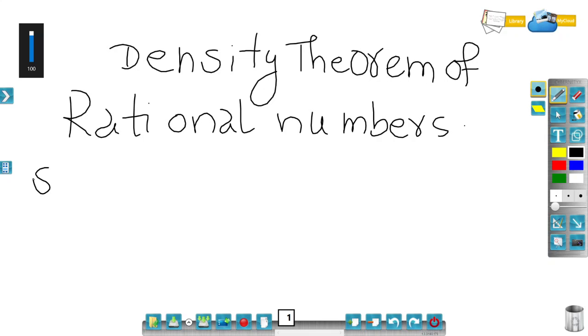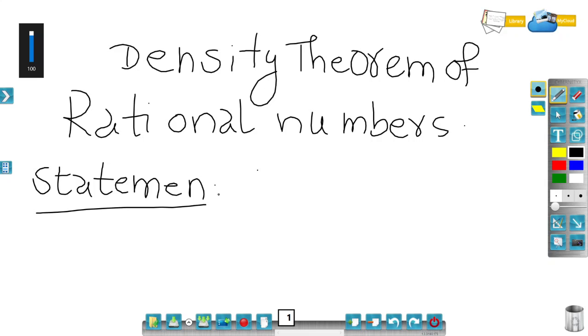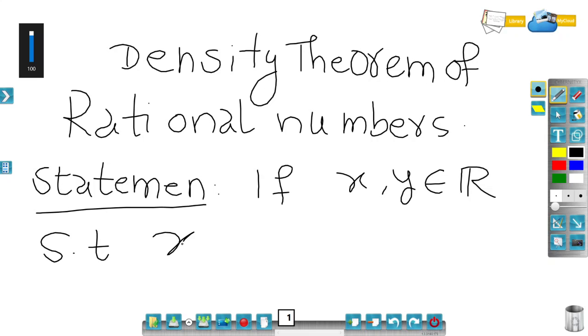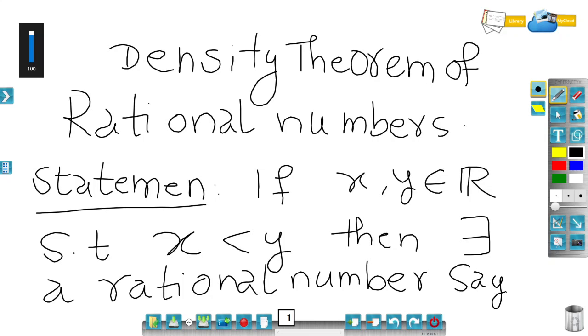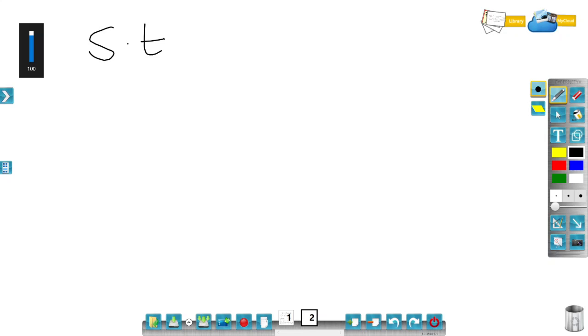So the statement is as follows. If x, y are any two real numbers such that x less than y, then there exists a rational number, say R1, such that x less than R1 less than y.